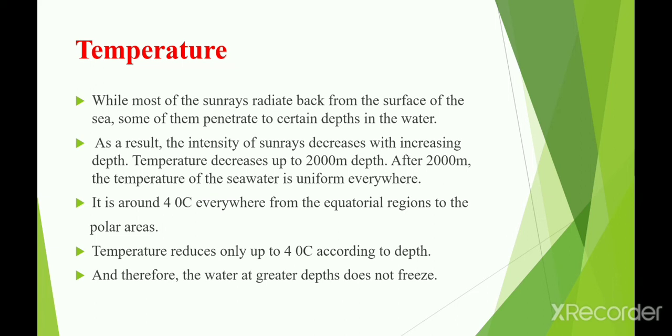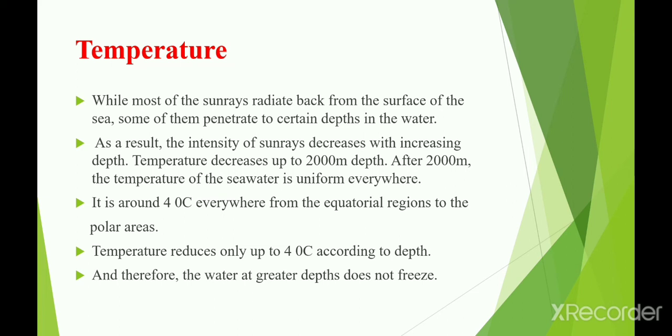Temperature decreases up to 2000 meter depth, and after 2000 meter the temperature of the seawater is uniform everywhere, around 4 degree Celsius, from the equatorial region to the polar areas.